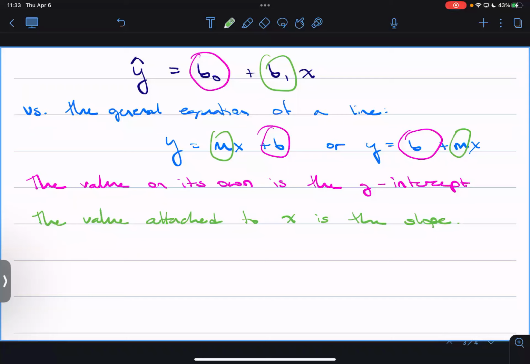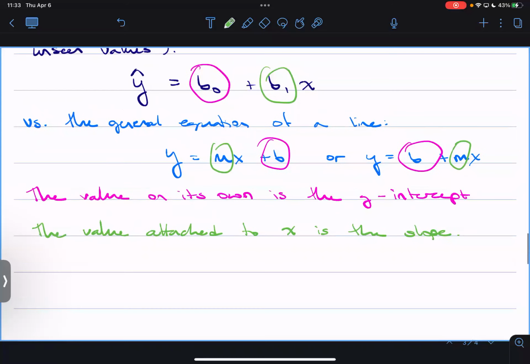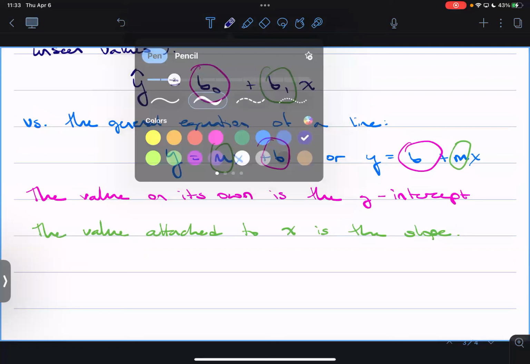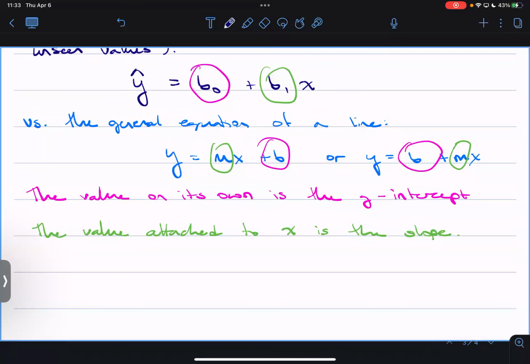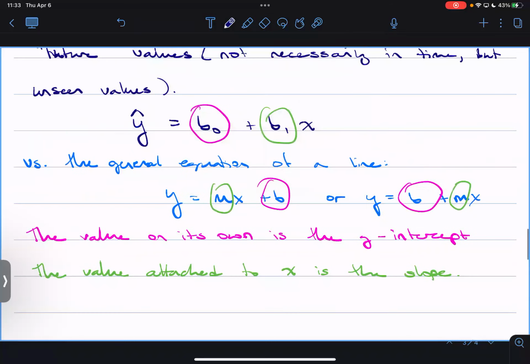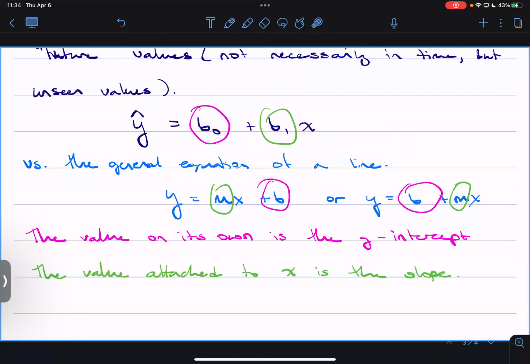You have those clues on the formula sheet, so I like to guide you when I can. So we're going to transition from y equals mx plus b, but y hat equals b naught plus b1x is the same thing. We have a y-intercept, we have a slope.